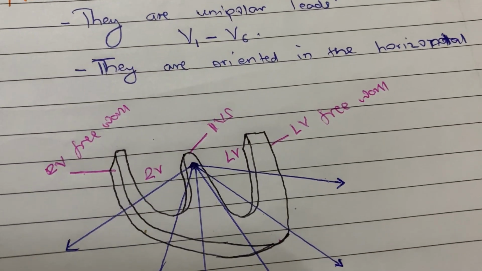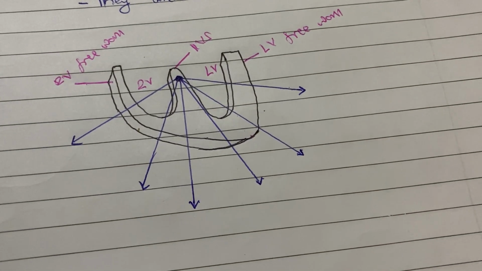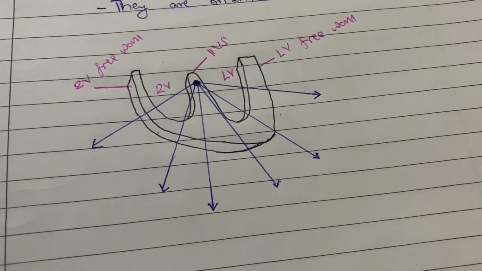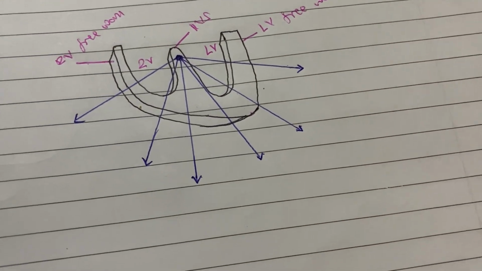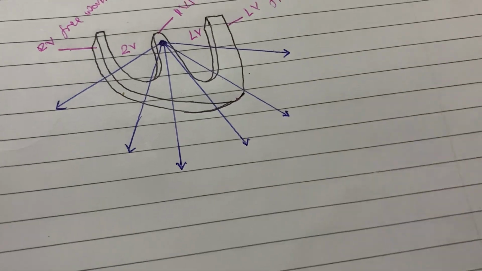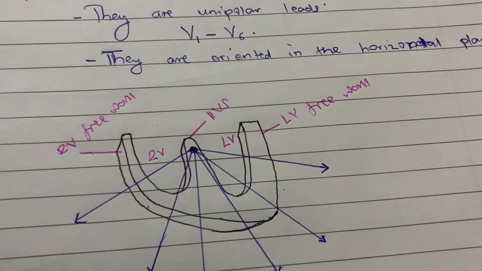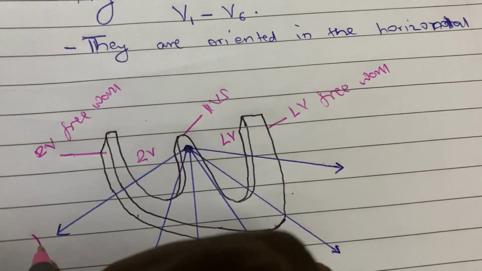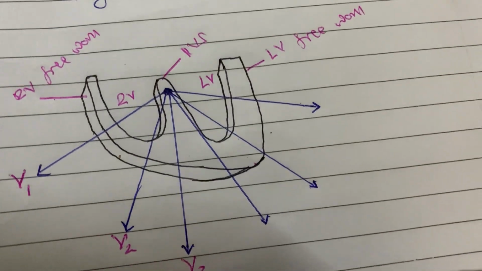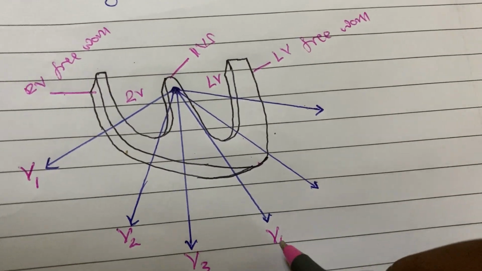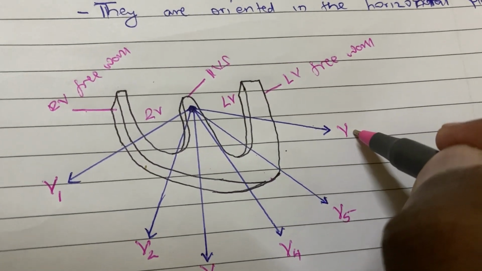We said if it's a unipolar lead, whenever the negative pole of a lead is hypothetical, or just constructed, it is named V. So these ones are also named V: V1, V2, V3, V4, V5, and V6.